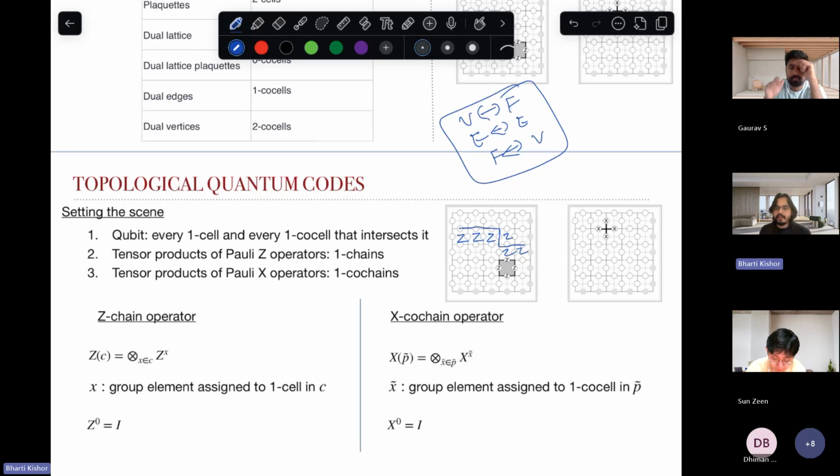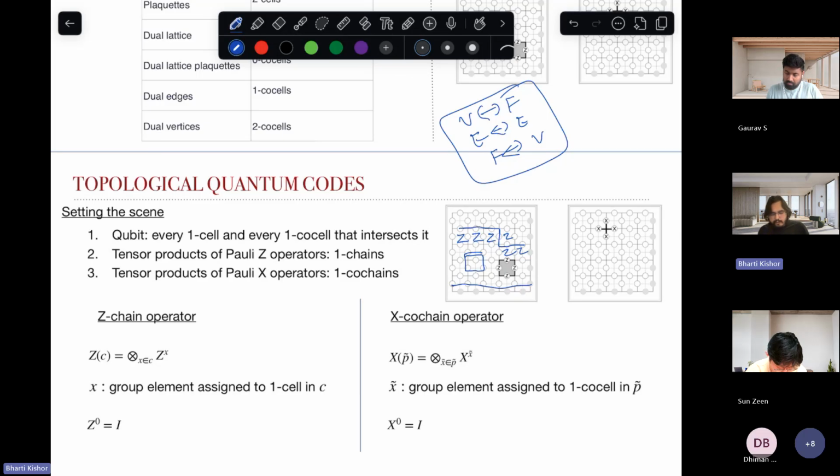So I can have a chain which is a string, but I can have more complicated objects also, like a string and then something like this. I can create any kind of chain. Wherever I'm putting the blue line, I am assigning 1, and everywhere else it's assigned 0.